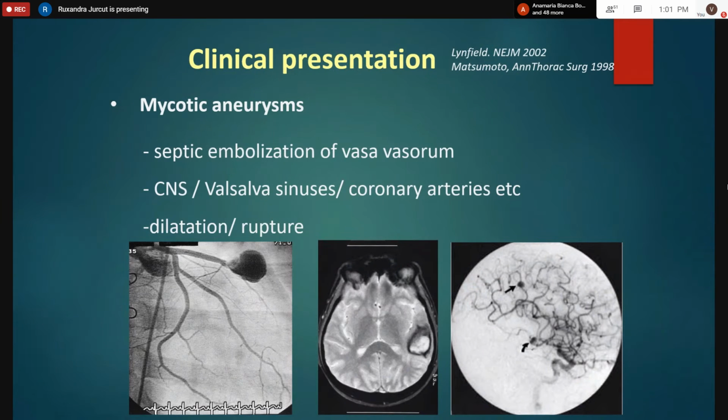This means there is a septic effect on the vessel wall, it gets thinner, it gets frail, and it becomes aneurysmal. The aneurysm will grow, and by growing, there is a high risk of rupture. This is very severe, mainly if the mycotic aneurysms are in the brain, because the hemorrhage is usually fatal to the patient.